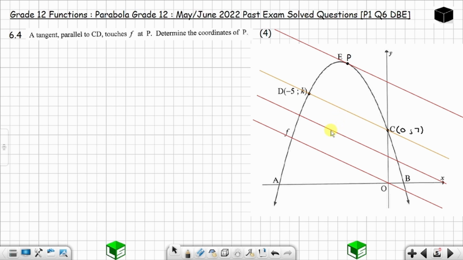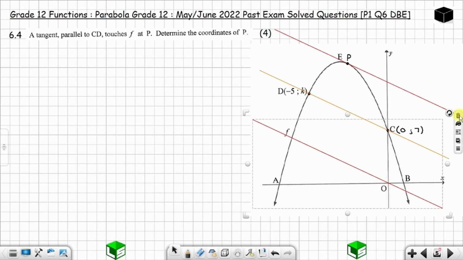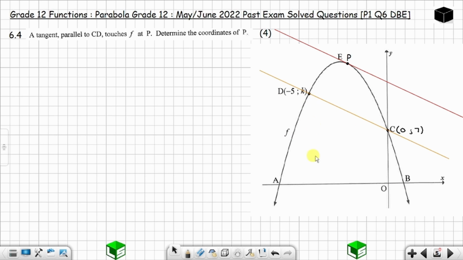Okay, so this line and this line, let's get rid of them. They are not tangents, because they are cutting or touching the parabola twice. A tangent must touch the curve only at one point. And so this is the line which is considered a tangent to the graph of f, because it's touching the graph of f only at one point.